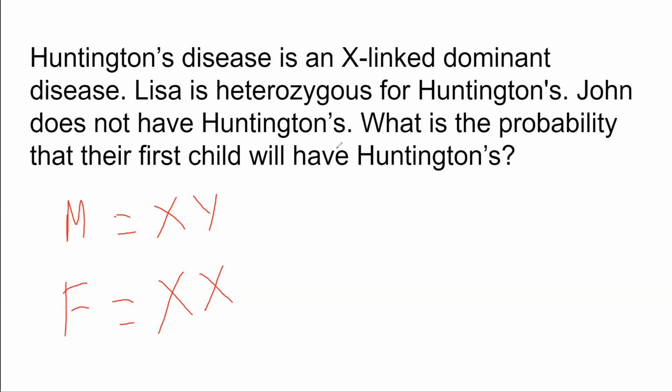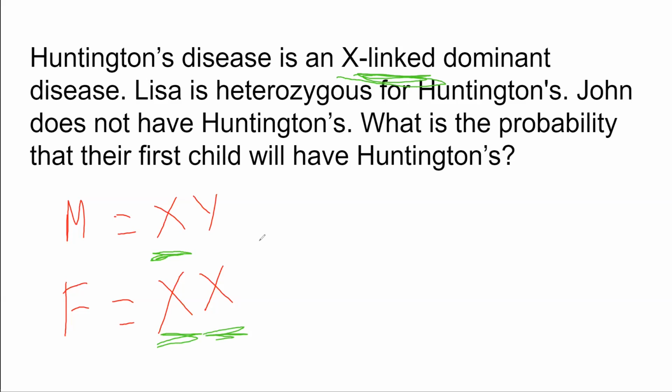If there's a disorder, males are going to have this X chromosome affected, but their Y chromosome is not going to be affected, because this is an X-linked disorder. That means it can only be on the X chromosomes. Looking here, this is an X chromosome, and this is also an X chromosome.